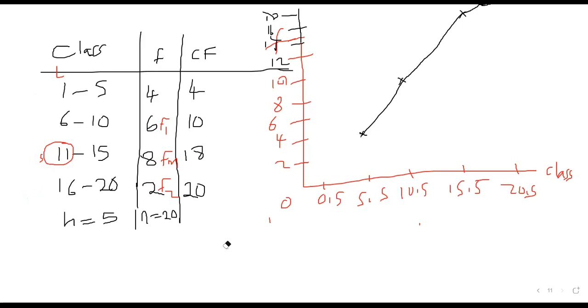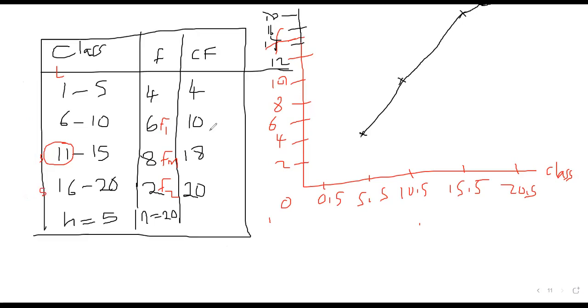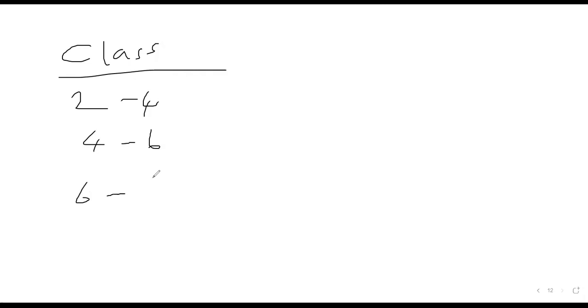Okay, so before you go further, where did the 0.5 and the 5.5 and the 10.5 come from? Can somebody tell me where we found these figures? Those are the upper and lower limits. If you have a data set, for instance, of 2 to 4, 4 to 6, 6 to 8, there's no need of adjusting.